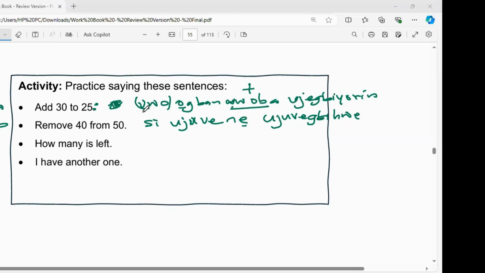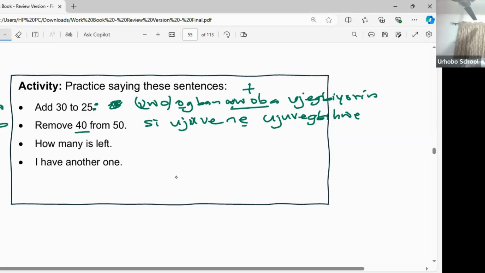You have 50 and you take 40 off. Unless I'm missing something. 50 minus 40 is what?